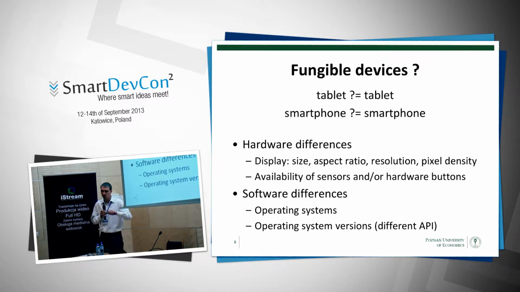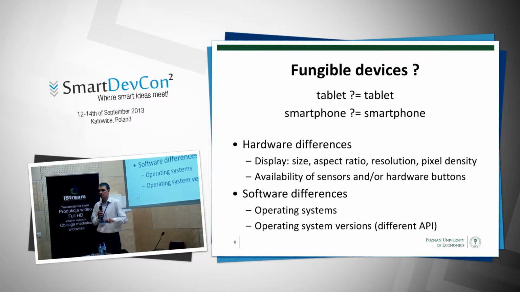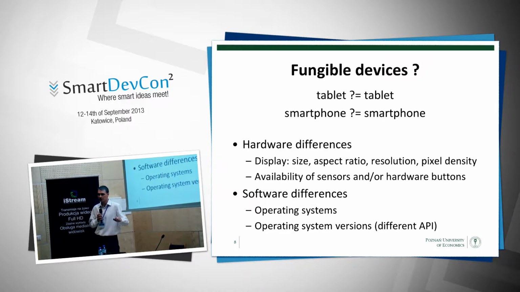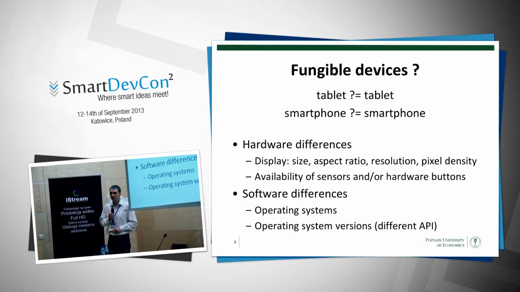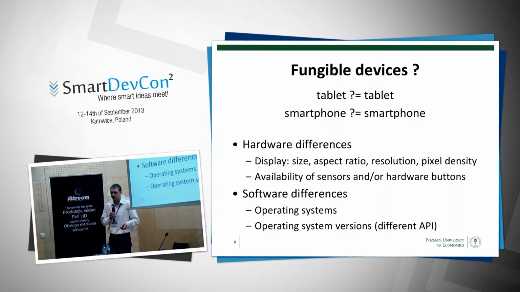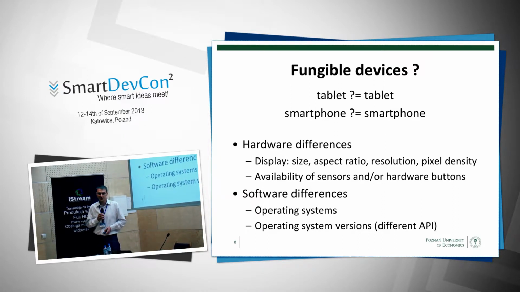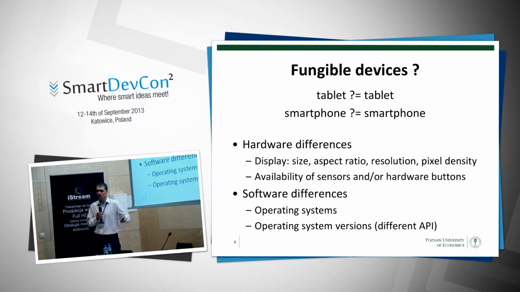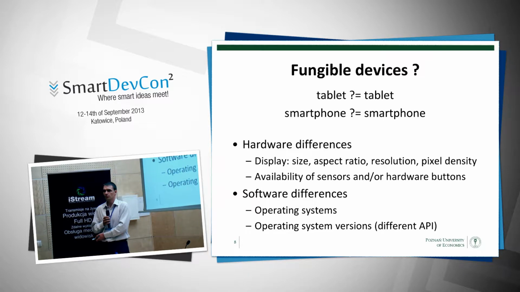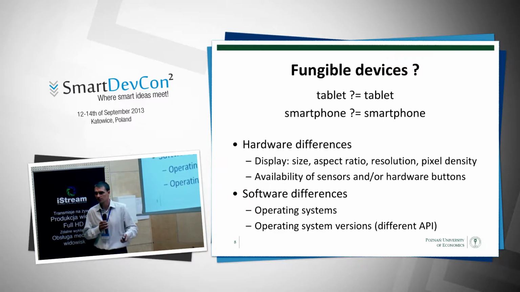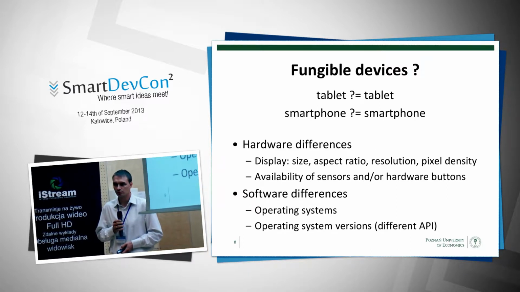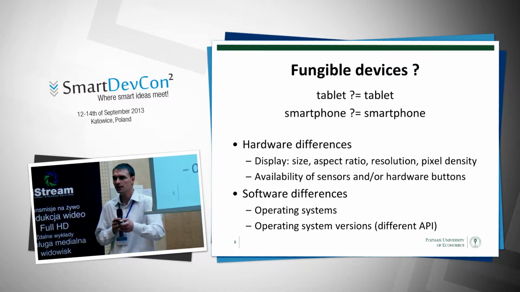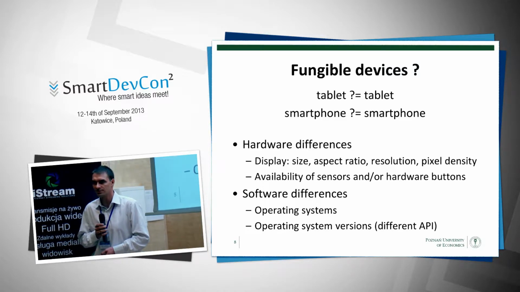Even if you have the same operating system on different devices, if the version differs, you also have different APIs and different possibilities on different devices, which can be clearly seen when you take a device with Android 2 and Android 4 in your hands. There's a huge difference between those two, both in terms of devices and in terms of UI patterns.